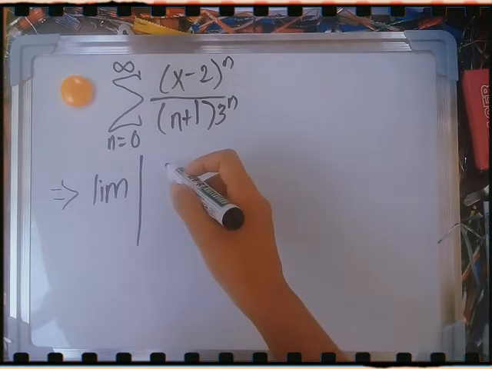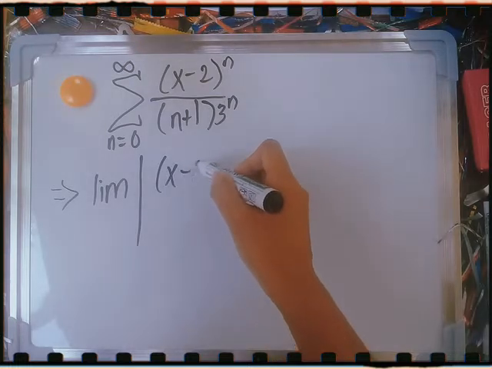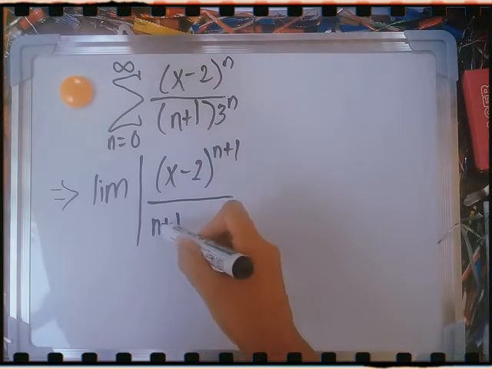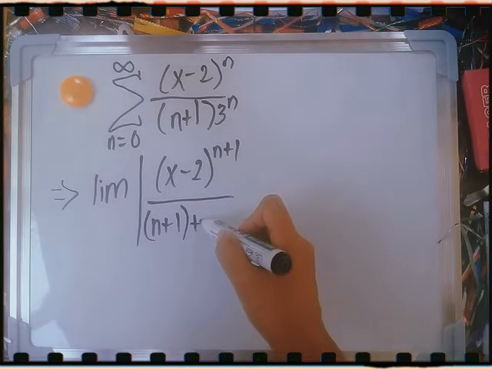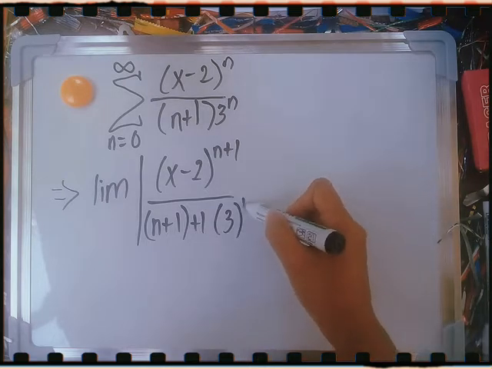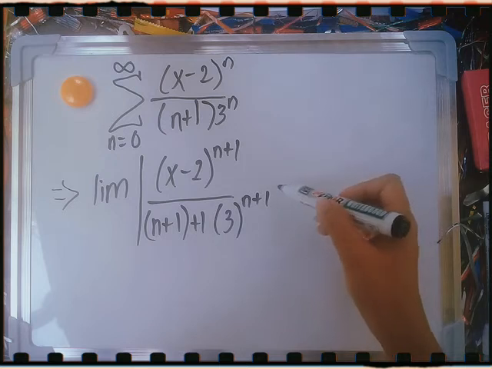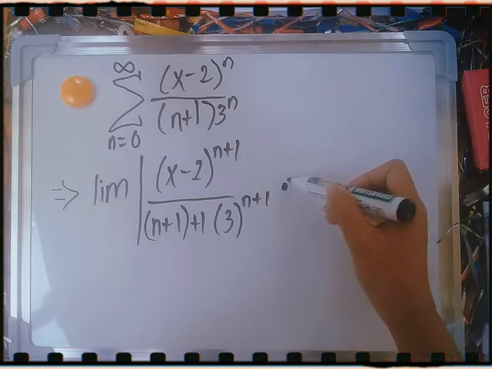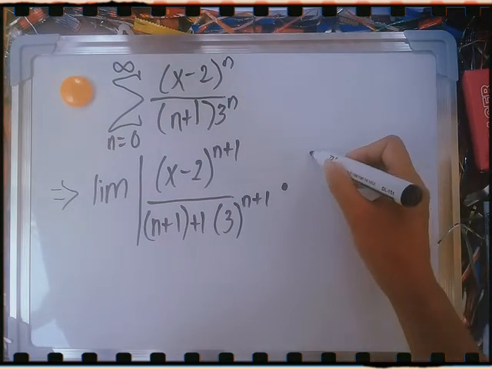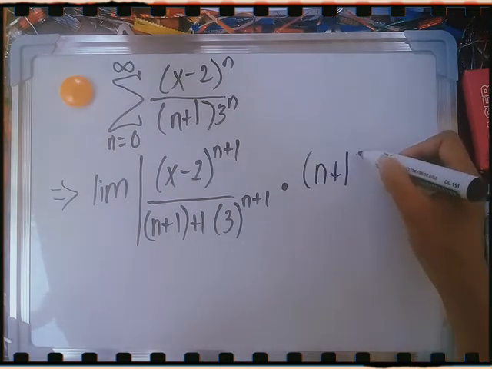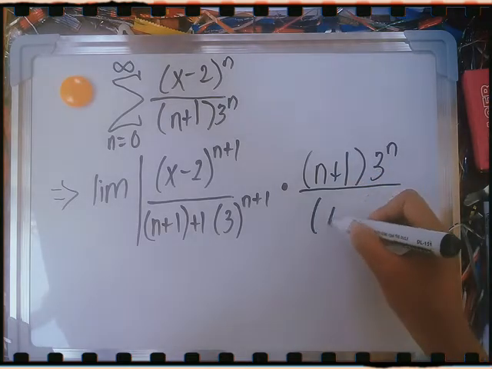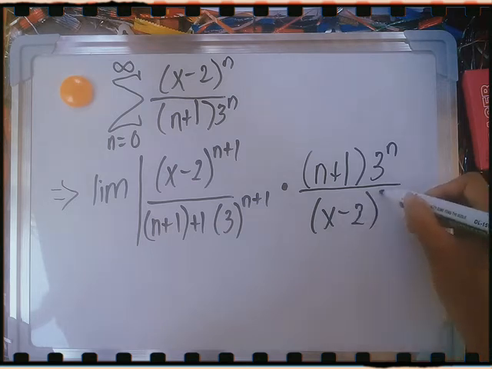Tanda pa ang ratio test. x minus 2 raised to n plus 1 over n plus 1 plus 1 times 3 raised to n plus 1. And then ita-times natin siya, or i-multiply sa reciprocal ng given. So we have n plus 1 times 3 raised to n over x minus 2 raised to n.